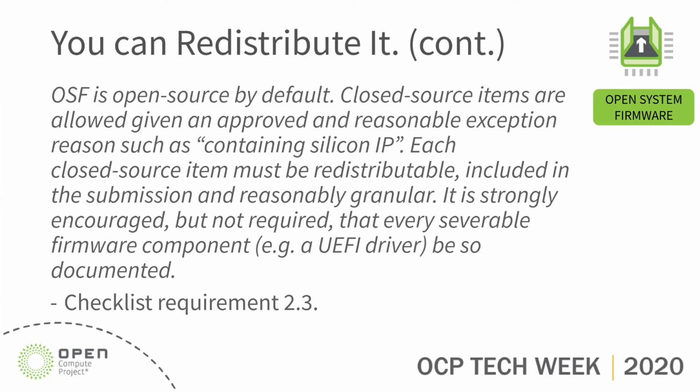And I hope we can discuss later today in the discussion exactly what these 2 things should mean: when the OSF group should accept a reasonable exception reason and when they should not accept it, as well as how they should accept a granular binary blob versus a non-granular binary blob. That's still open to debate, and hopefully we can debate that in the upcoming discussion.